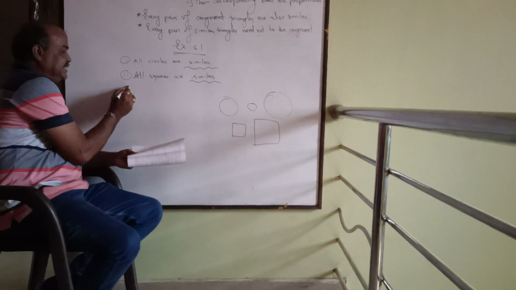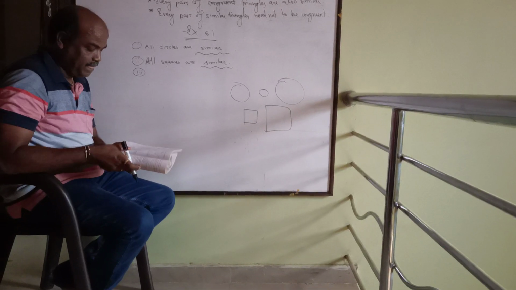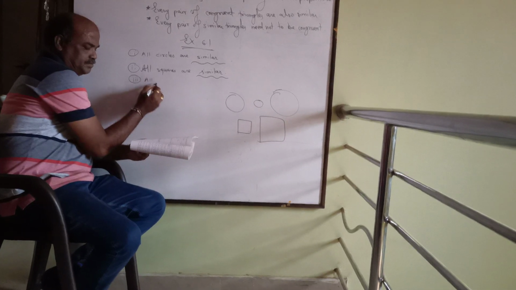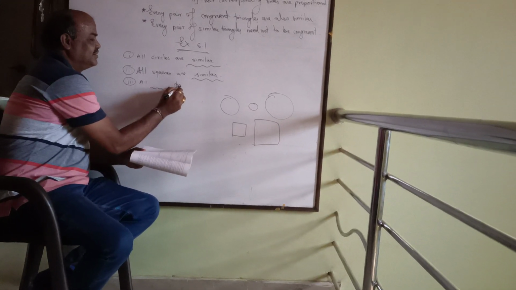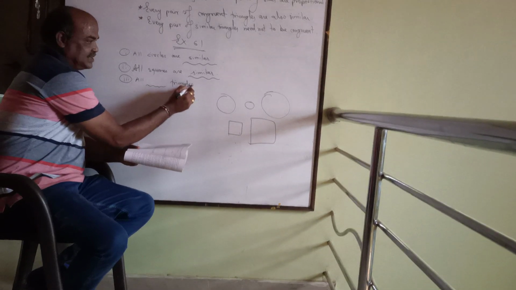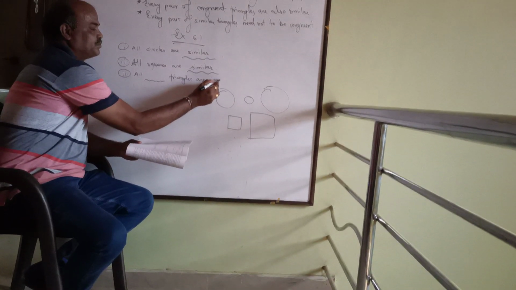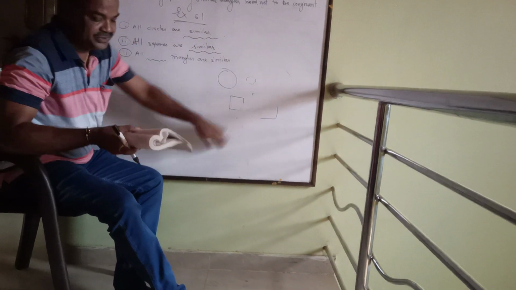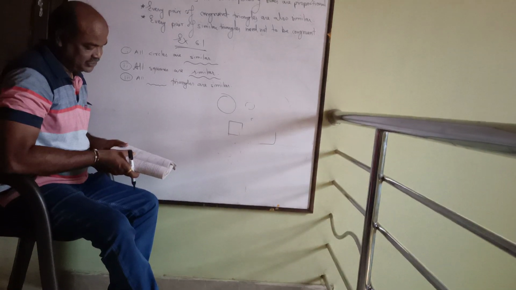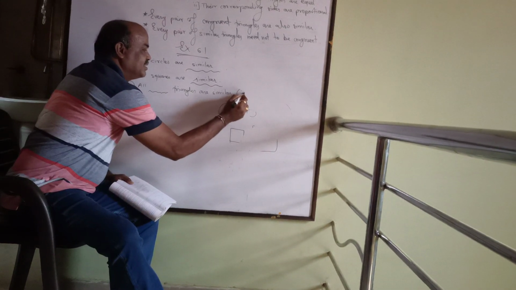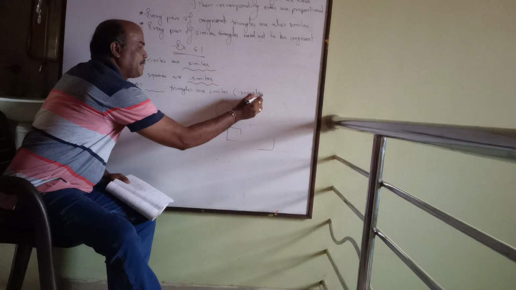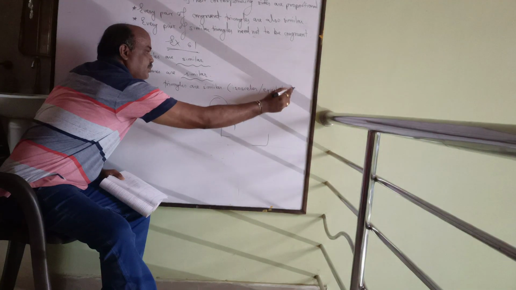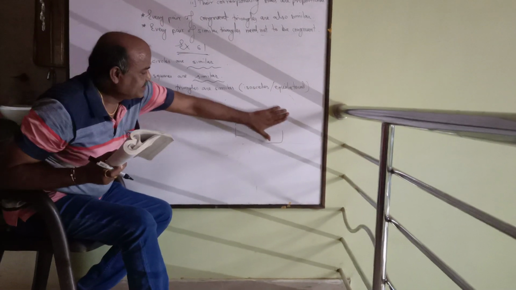The third one is all blank triangles are similar, and there are 2 options given, isosceles or equilateral. Isosceles or equilateral.